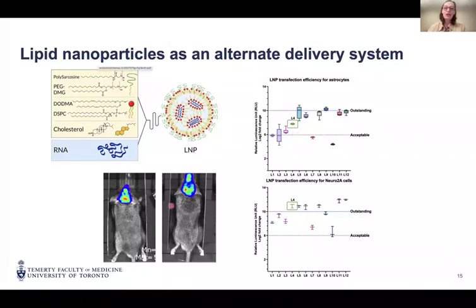After we chose some of these LNPs, we delivered the same light-producing cargo into the brain, waited 24 hours, and then did imaging to see how much light is being produced.